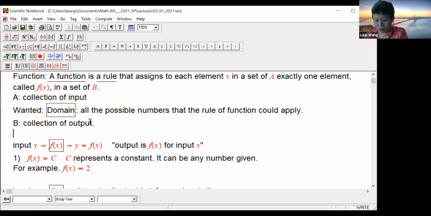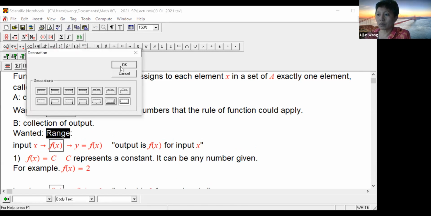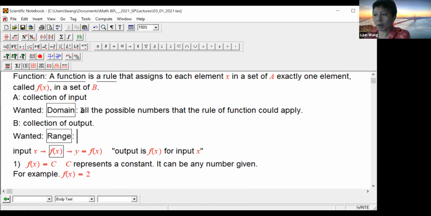And the other thing wanted will be the range. And what is the range? Range is all possible output. All the possible outputs. So you can see we have a rule.